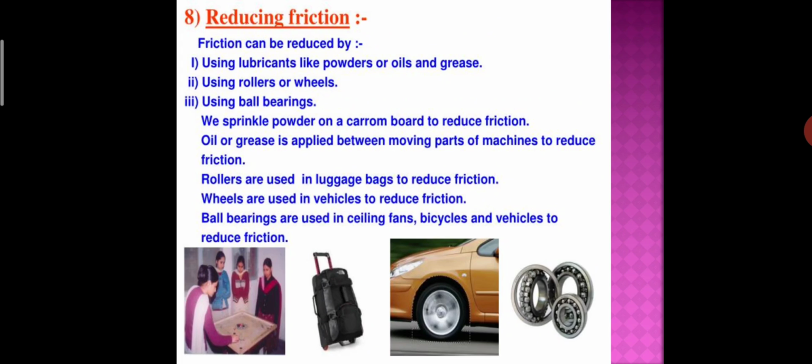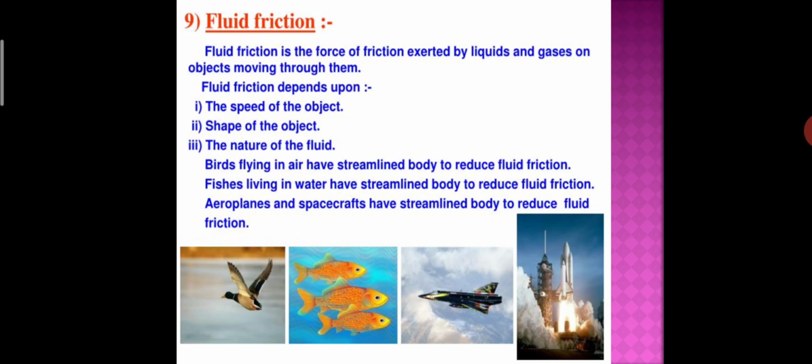Oil or grease is applied between moving parts of a machine to reduce friction. Rollers are used in luggage to reduce friction. Wheels are used in vehicles to reduce friction. Ball bearings are used in ceiling fans, bicycles and vehicles to reduce friction. In this way we can reduce friction.